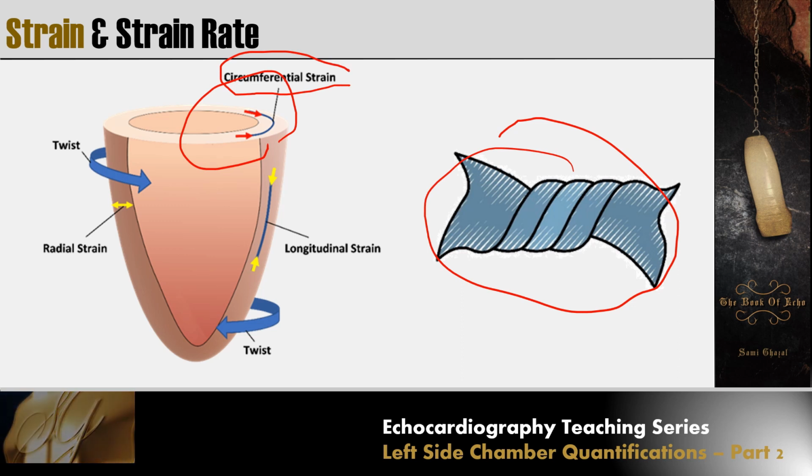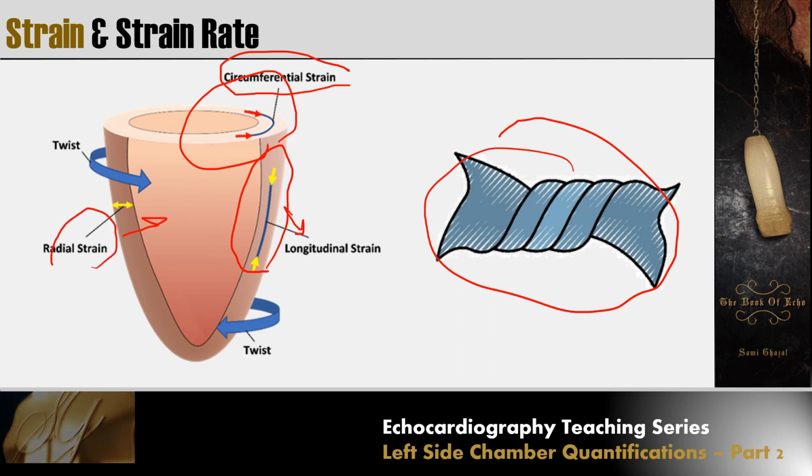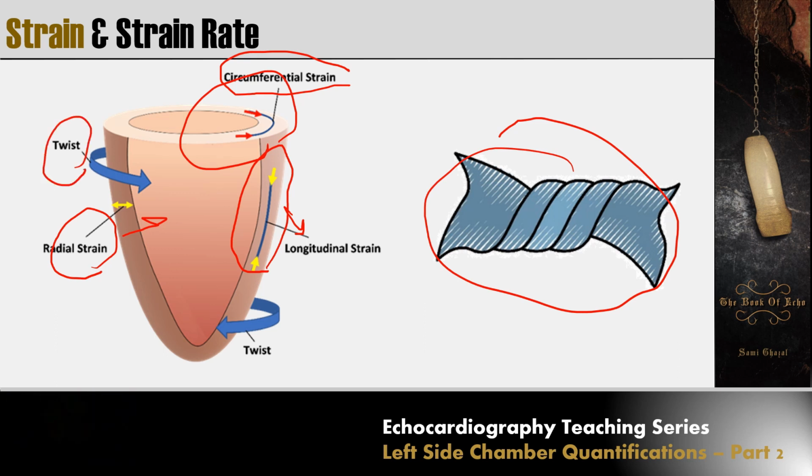We have longitudinal, which is like vertical motion of the heart, where we can now measure the longitudinal strain. Radial strain is horizontal motion of the muscles and thickening, where also we can measure the radial strain, and also we can measure twisting, and I will explain those in the coming slides.